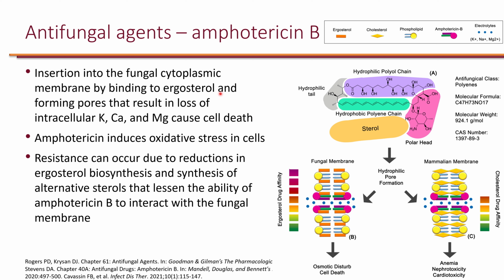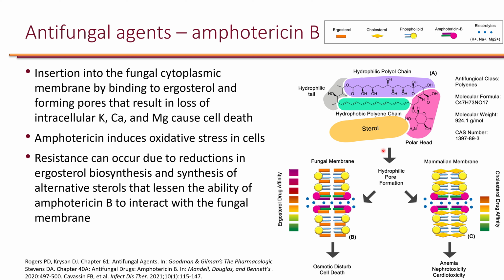Now, lastly, we have amphotericin B. So amphotericin B works by insertion into the fungal cytoplasmic membrane by binding to ergosterol and forming pores that result in the loss of intracellular potassium, calcium, and magnesium, which can cause cell death. Now, in addition, amphotericin can also induce oxidative stress.